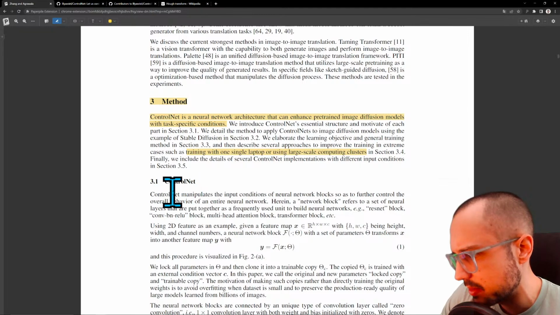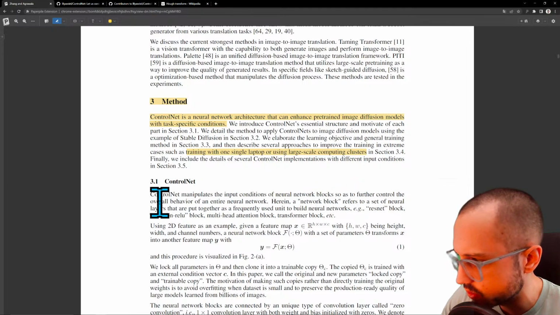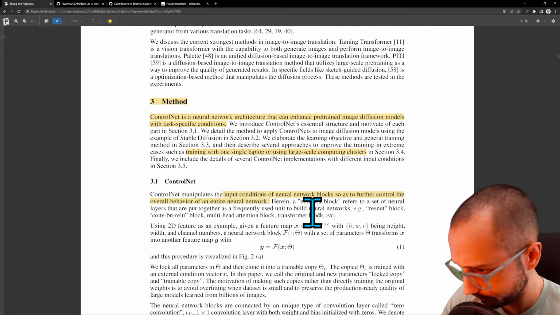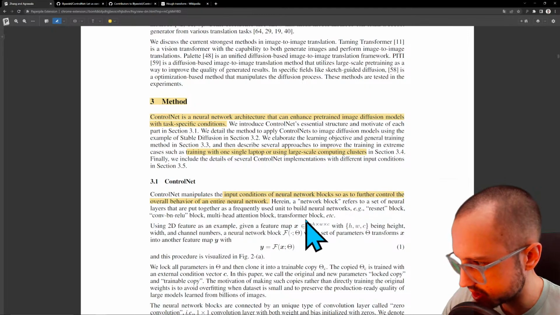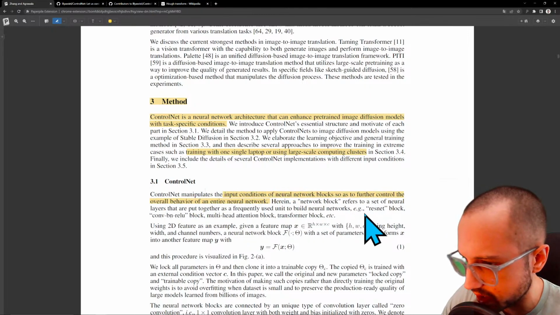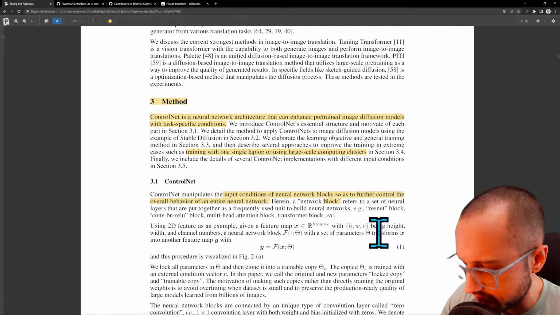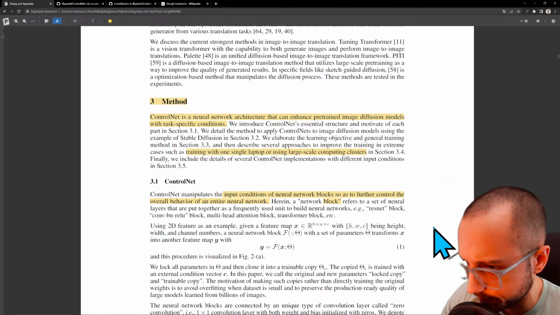ControlNet manipulates the input condition of neural network blocks so as to further control the overall behavior of the entire neural network. Herein, a network block refers to a set of neural layers that are put together as a frequently used unit to build neural networks. Okay, so basically any subset of a neural network architecture is a block.